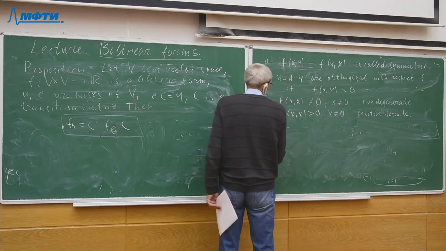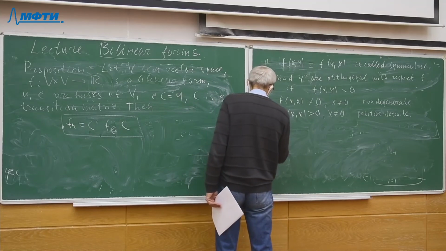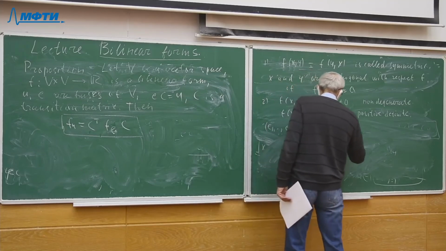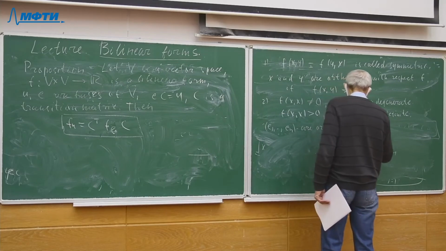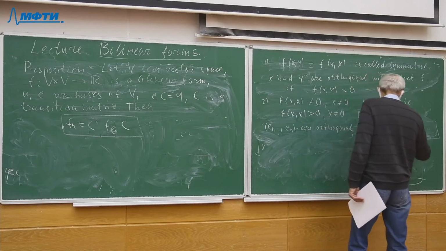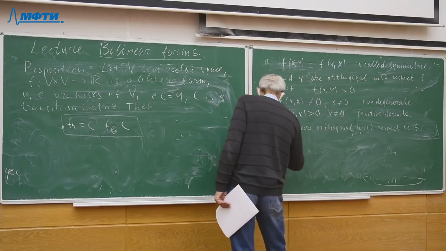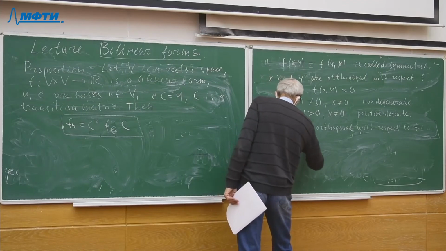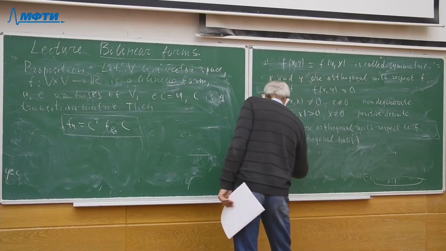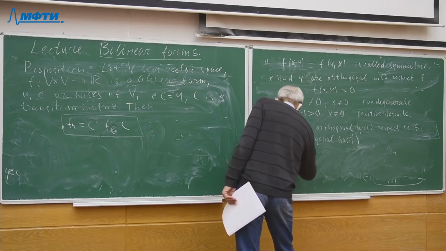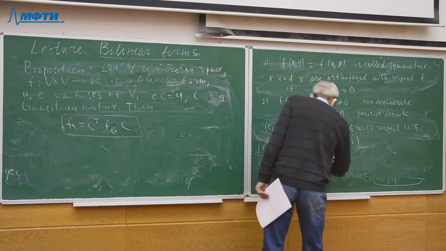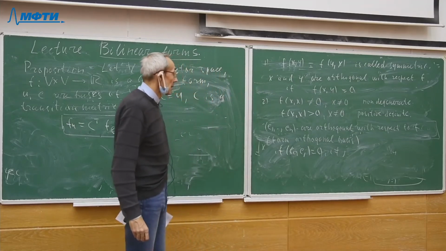And we will also say that the vectors e_1, ..., e_n form an orthogonal basis with respect to F if these vectors are pairwise orthogonal with respect to this bilinear form.